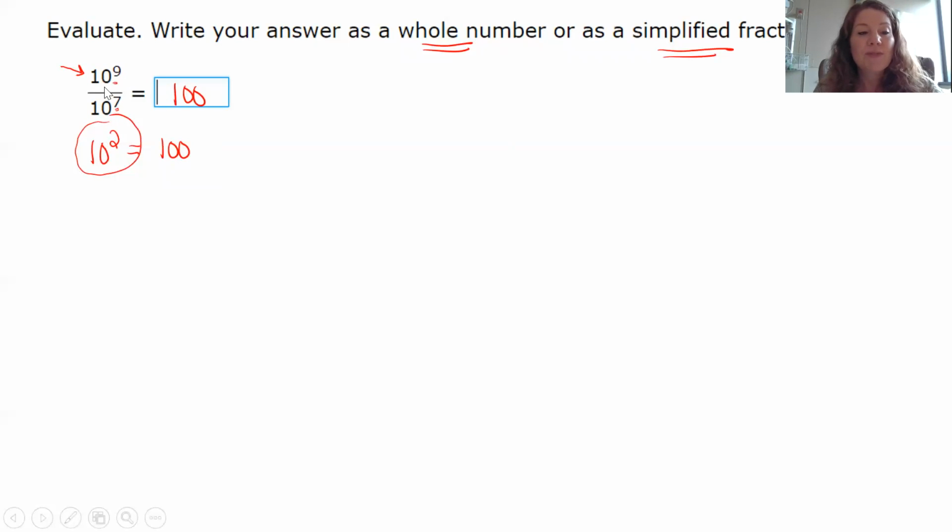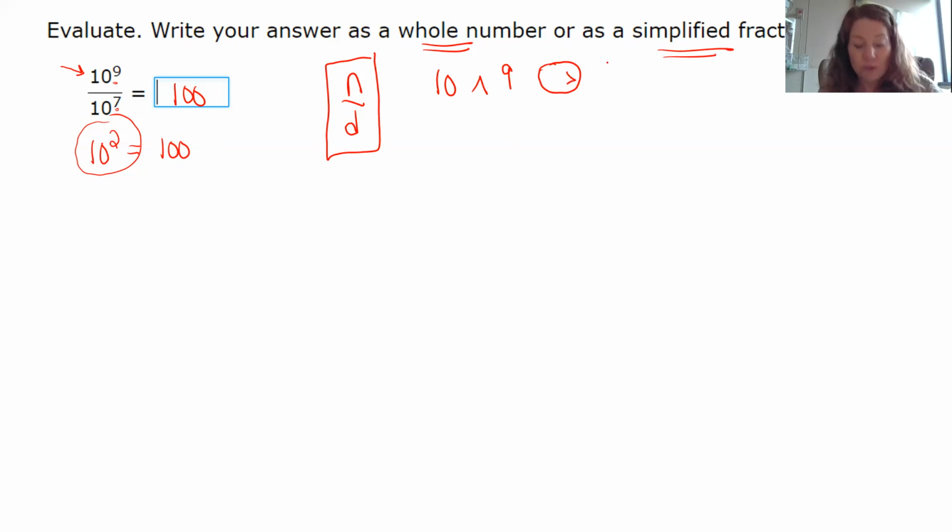Once again, if you put this directly in your calculator, you're going to use the N/D button. In that top, you're going to say 10 caret 9. And then you're going to arrow to the right, and then arrow down to get to the denominator.